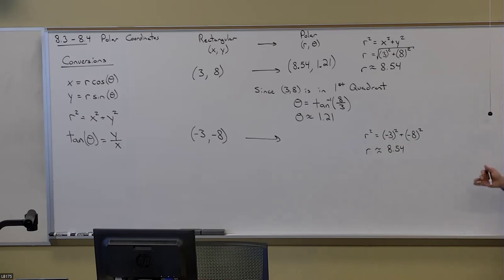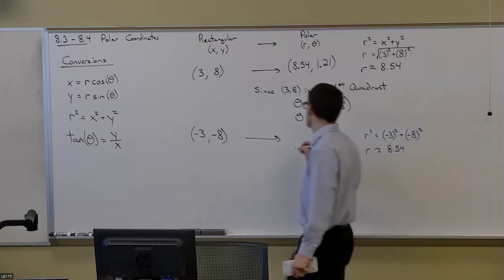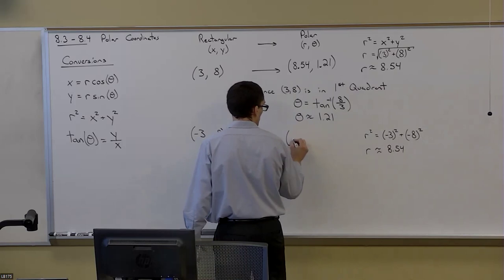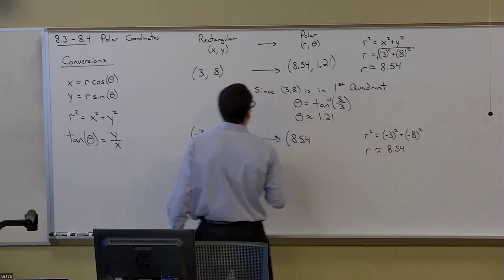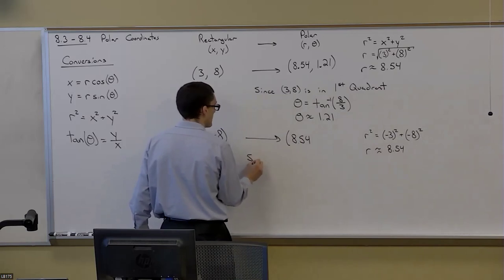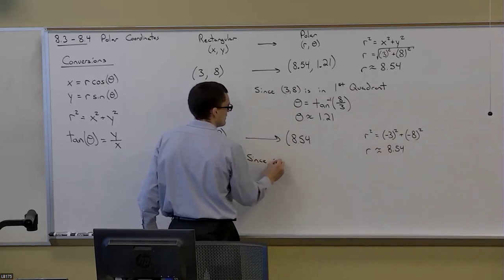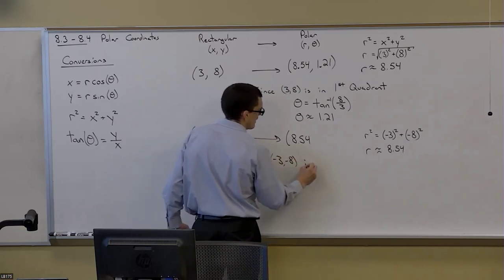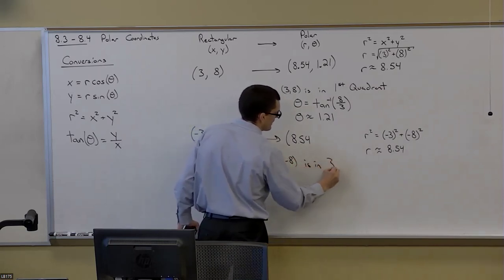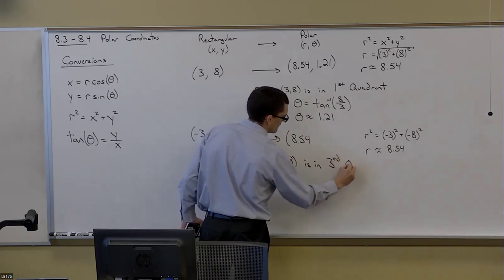So that's again about 8.54. We're using a positive R in this case. But in this case, -3, -8 is in the third quadrant.